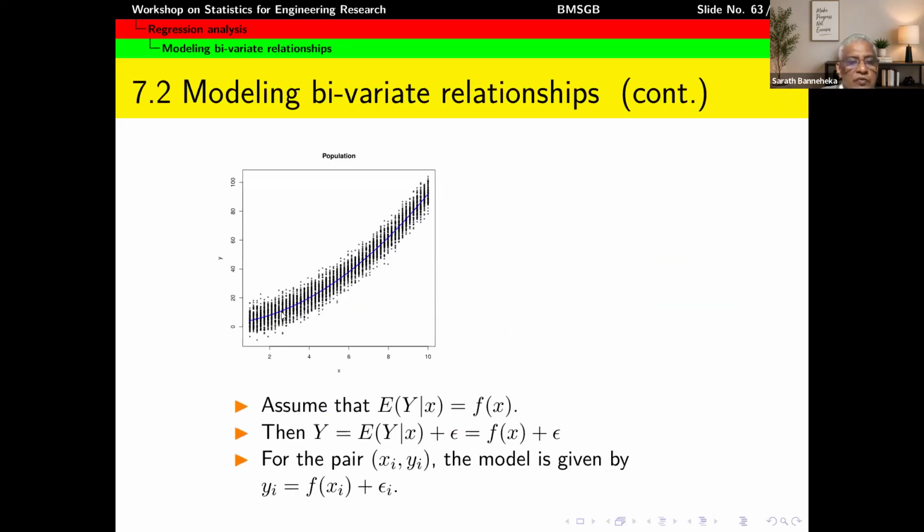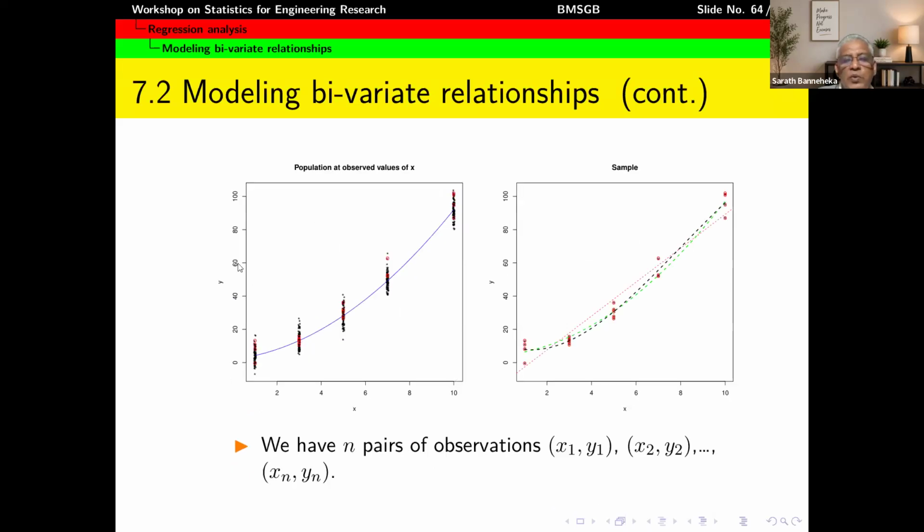Any of these values are possible for x, but we do the experiment maybe when x equals 2, 4, 6, and so on, whatever according to our requirements. We will select some x values and do the experiment only at those values, and therefore we will be considering the population of y values at this x value, the population of y values at this x value, and so on.